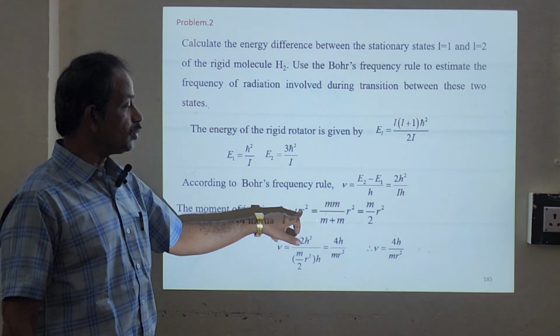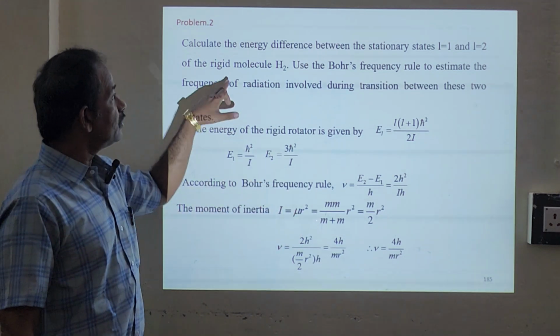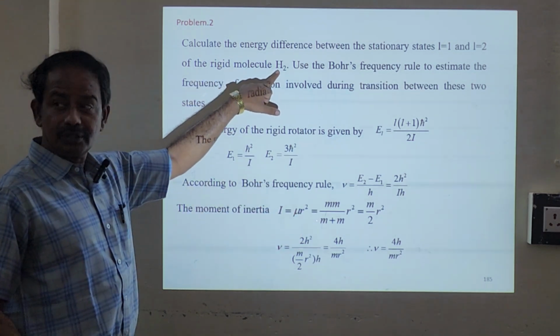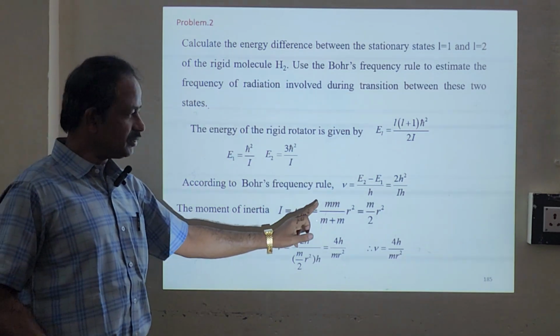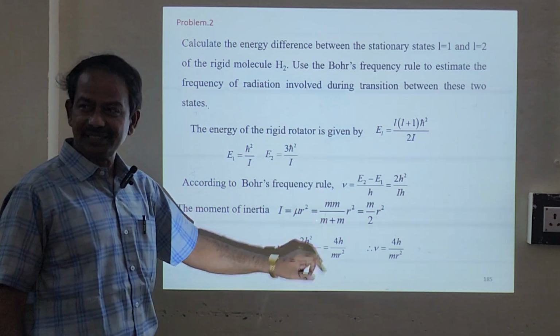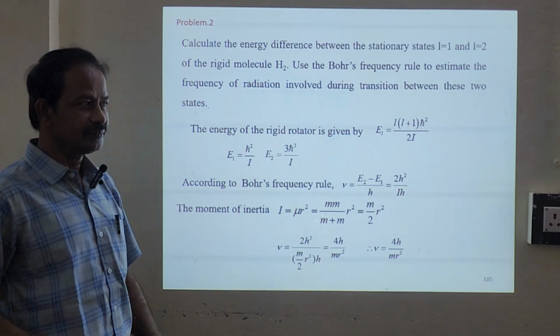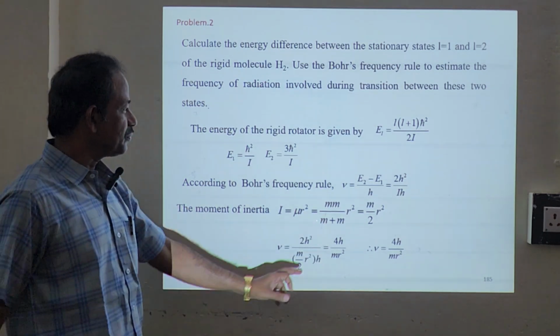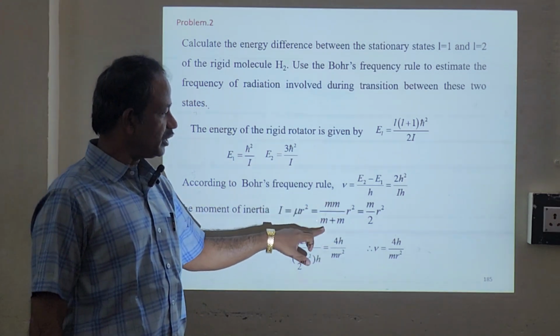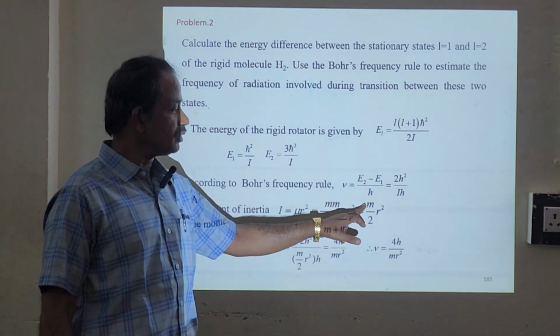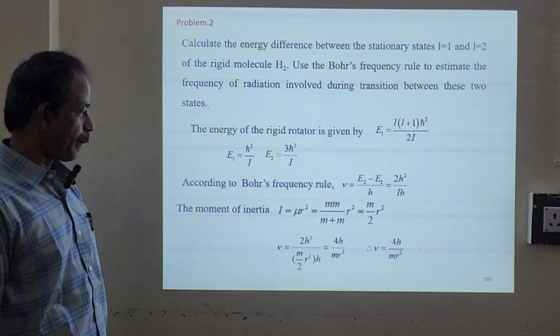So I equals mu r square as usual, and for the hydrogen molecule the masses of the two atoms will be the same. So that's why we write it as m divided by m plus m. So r square, you will get m square divided by 2m. M cancels, you have m by 2 r square.